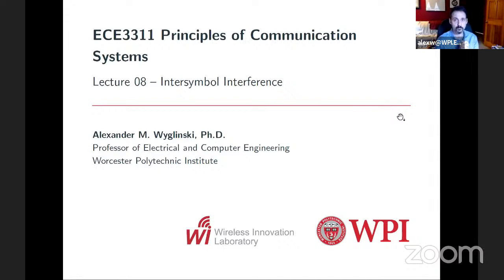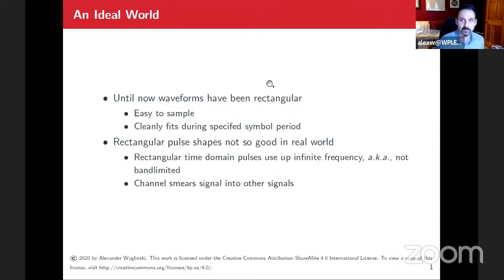And this is going to set up everything for Lecture 9, which deals with the all-important concept of Nyquist pulse shapes, of which there are a couple. There are a few others. But in particular, we're going to look at something called the raised cosine pulse. Again, that's in Lecture 9. So what we're going to look at right now is the concept of intersymbol interference. So let's get started.